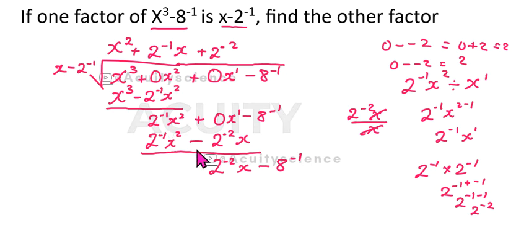We'll multiply, we'll get this back again. So 2 raised to the power minus 2 x, of course. Then now let's multiply this by this. First of all, plus times minus, we have a negative sign. Then 2 raised to the power minus 2 times 2 raised to the power minus 1.